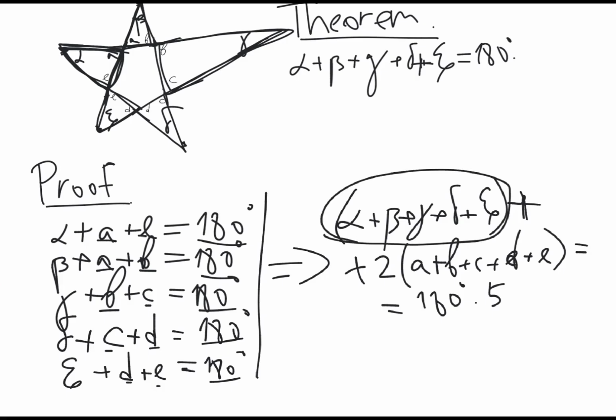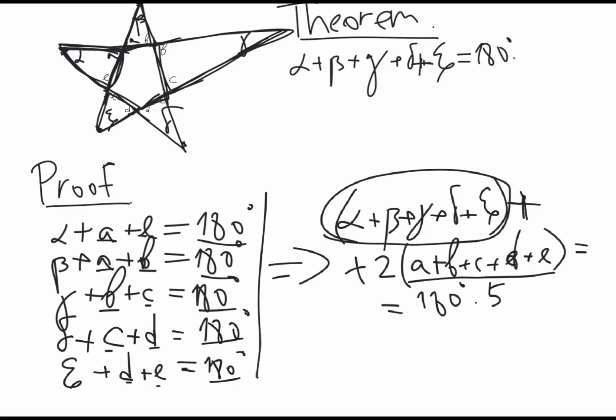So basically we expressed it in terms of the sum of A, B, C, D, and E. And you notice that these are external angles in the central pentagon of the star.